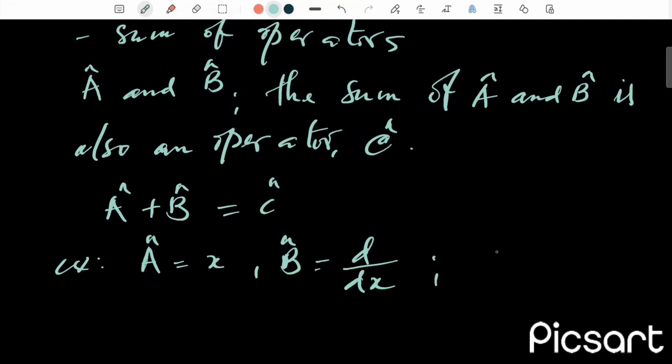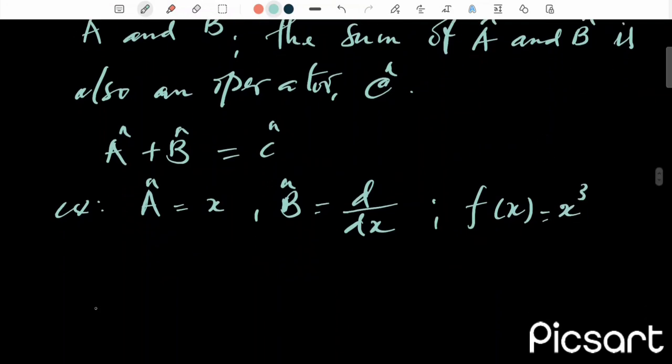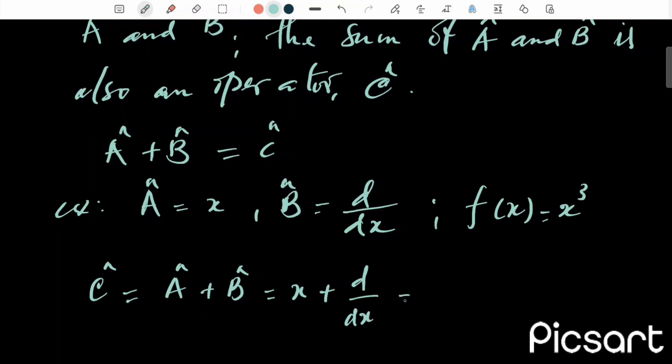And suppose now that our f function is equal to x power 3. Then the operator C, which is the result of the sum of operators A and B, is x plus d over dx, which is also equal to d over dx plus x.